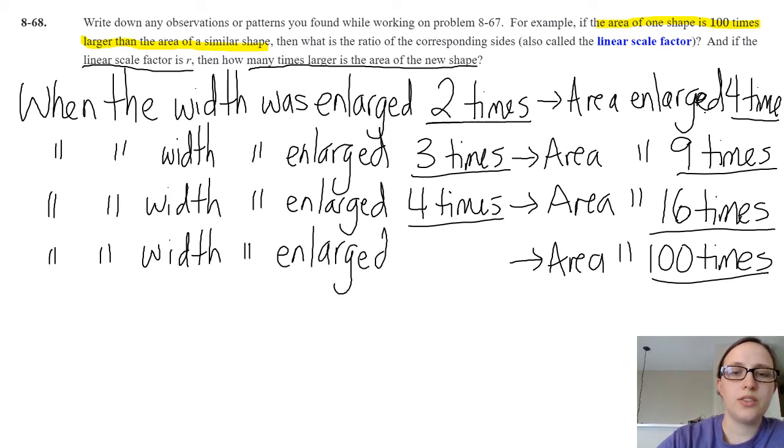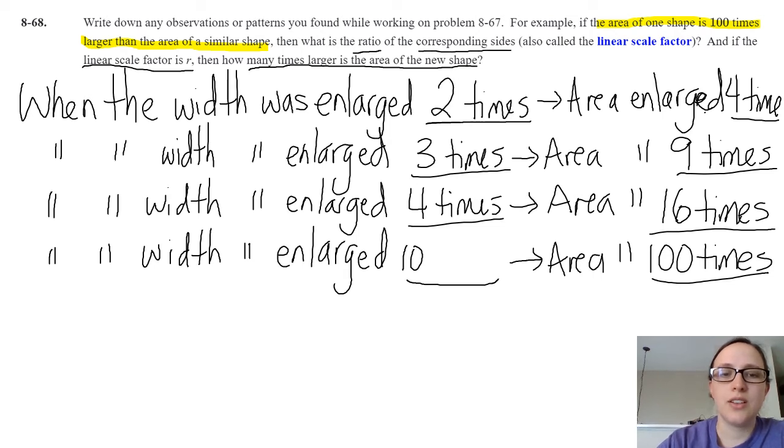So what squared equals 100? Hopefully you know this. 10 squared equals 100. So the ratio is what we multiply by. The ratio would be 10 for the corresponding sides, or for like widths.